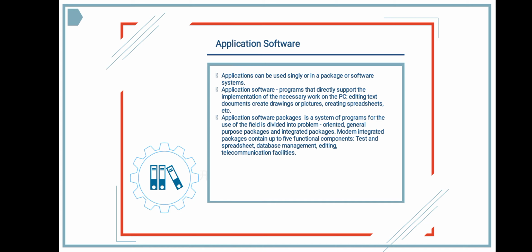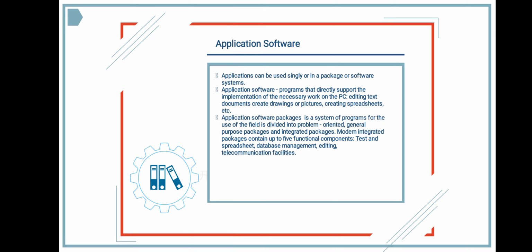Application software. Applications can be used singly or in a package of software systems. Application software programs directly support the implementation of the necessary work on the PC: editing text documents, creating drawings or pictures, creating spreadsheets, and others.